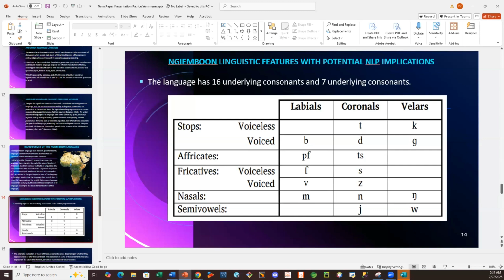And the realization of some of the consonants may also depend on the vowel that follows, as well as unpredictable tonal variation. All of these are going to have significant NLP implications, especially when developing a speech recognition system, because what can be written can be pronounced in a very different way. And that's why we are highlighting this.